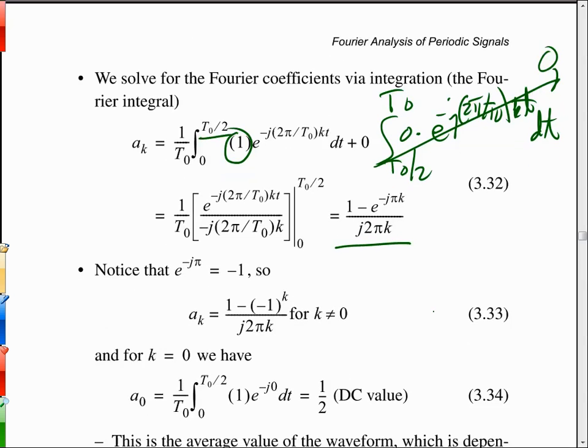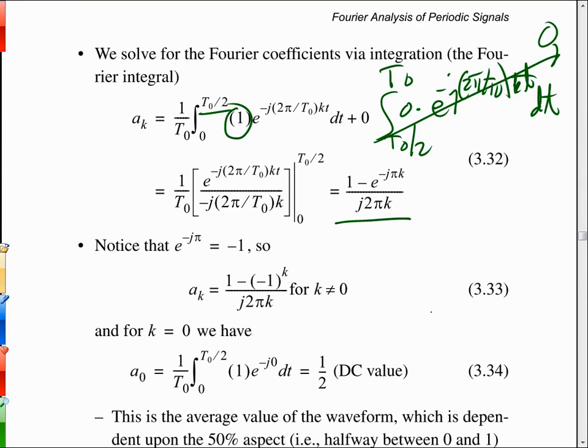What we can do, though, is we can do a little bit of work on it. We can notice that e to the j pi is equal to minus 1. So what happens if we have e to the minus j pi to the kth power? Because that's the same as this thing right here.